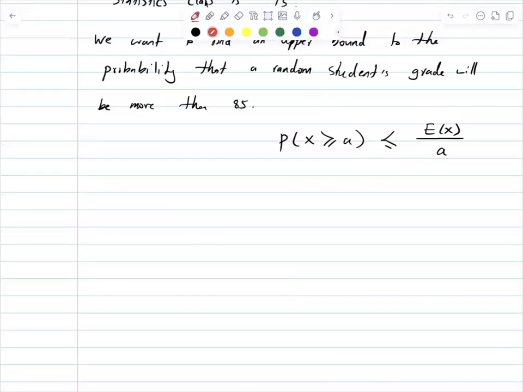The probability that X is more than or equal to 85 is going to be less than or equal to the expected value, which is 75, divided by A.